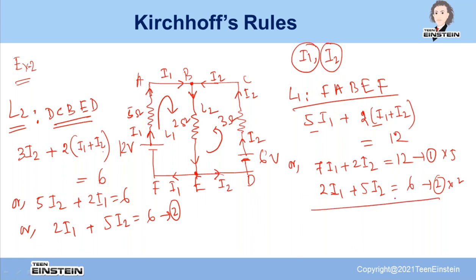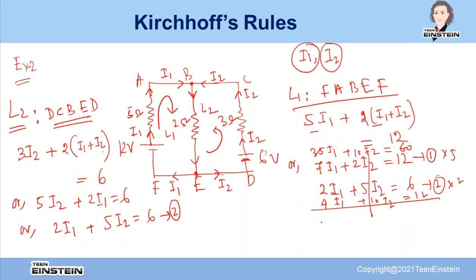Now here it is actually this is 4 I1, this is plus 10 I2, and this is 12. So if I just do the subtraction, see this I2 goes off, and here it will be 31 I1 is equal to 60 minus 12.